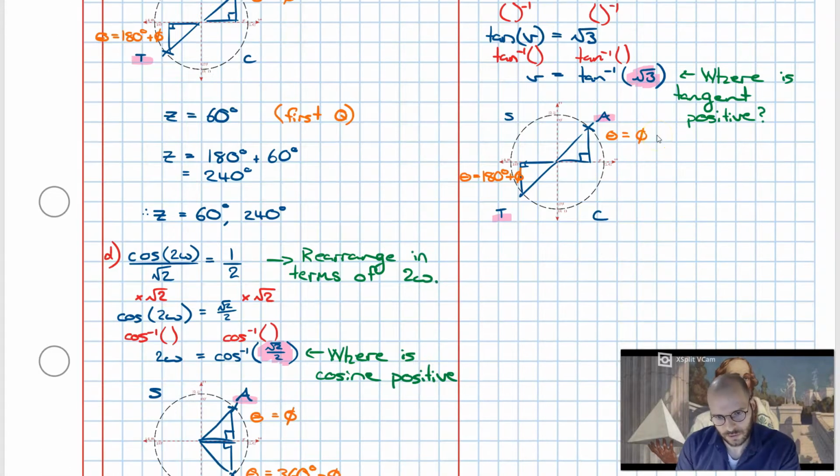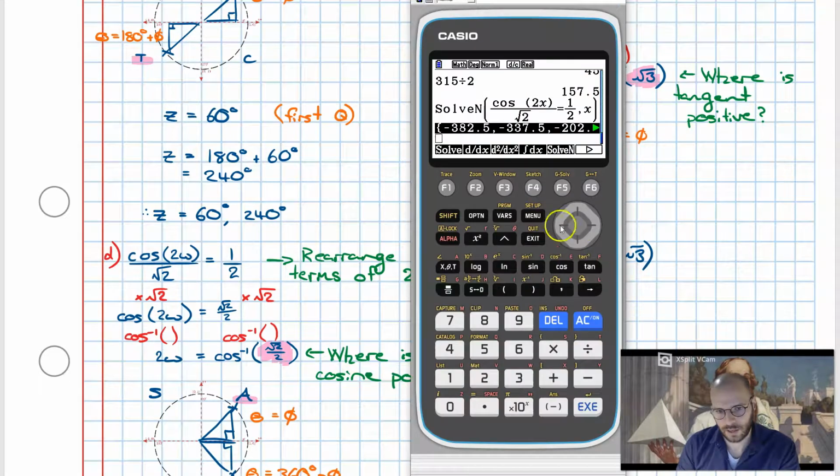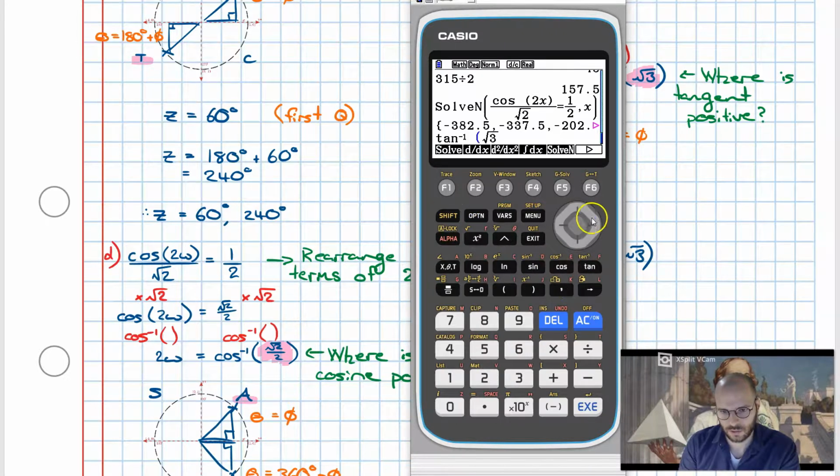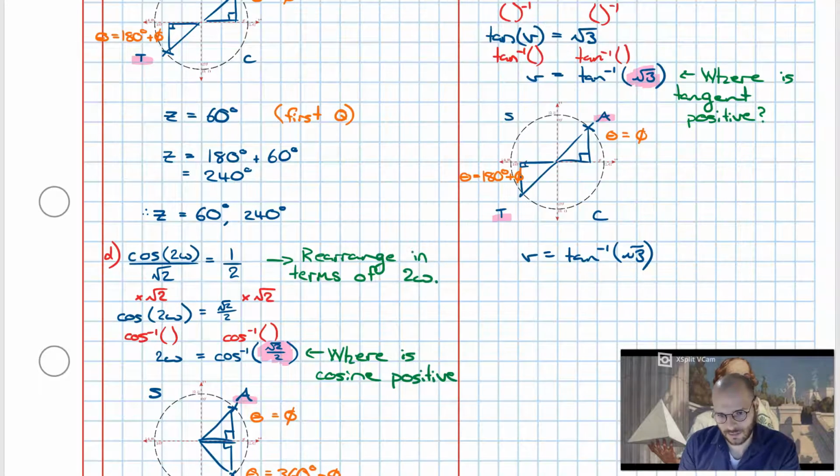Finding the first solution to this problem, we're going to go v equals the inverse tan of root 3. And that's going to come up as shift tan root 3. And that's 60 degrees. So this would be the first solution for our first quadrant. For the second solution, we're going to go 180 degrees plus the 60 degrees.